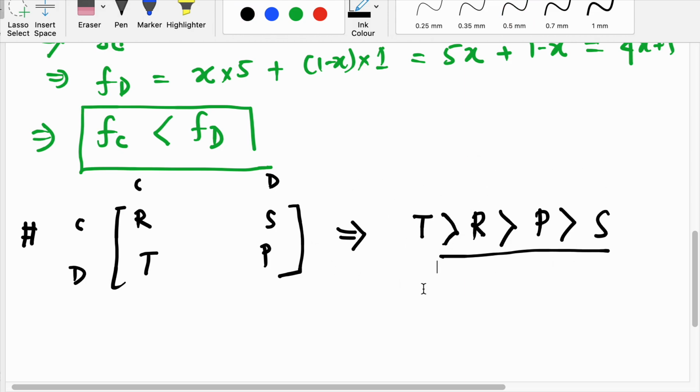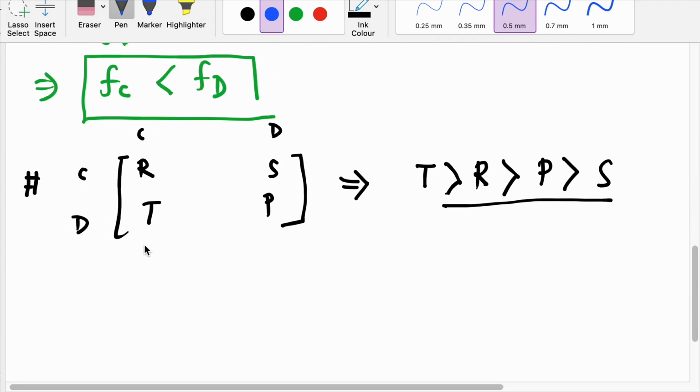And with that, one more thing is needed. If the game was played repeatedly, then one could think that in this turn I will cooperate, you will defect, and in the next turn I will defect, you will cooperate. In this way they can get a payoff.